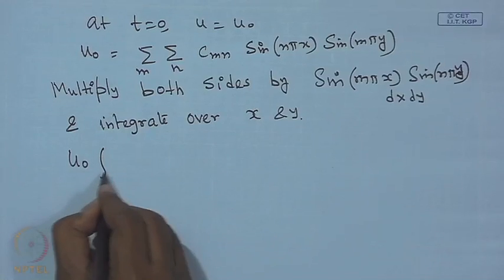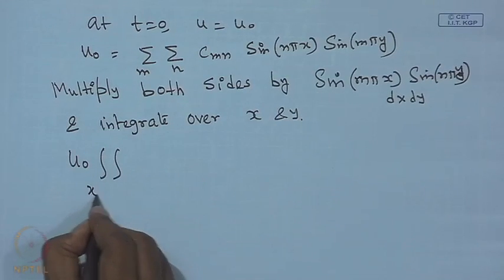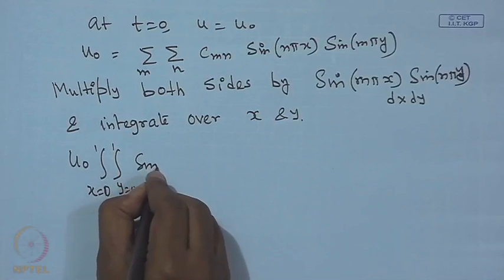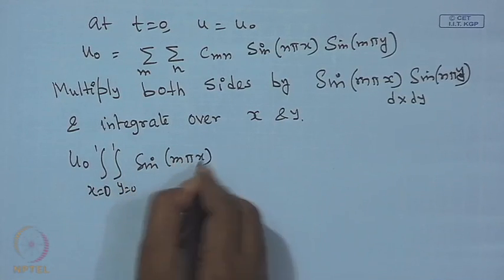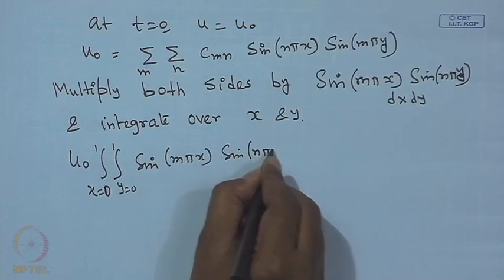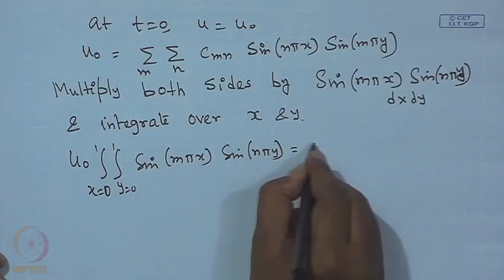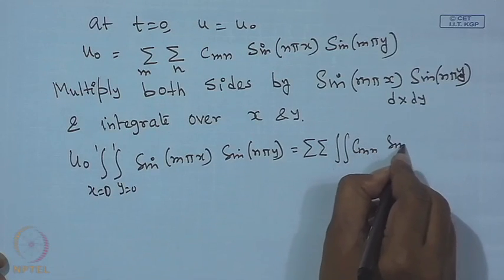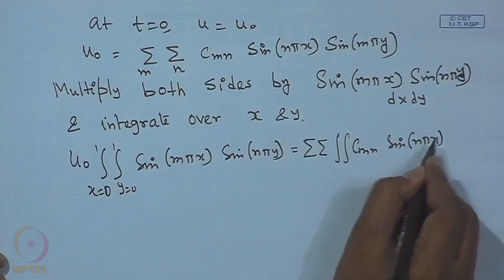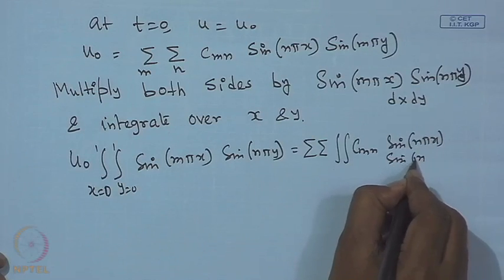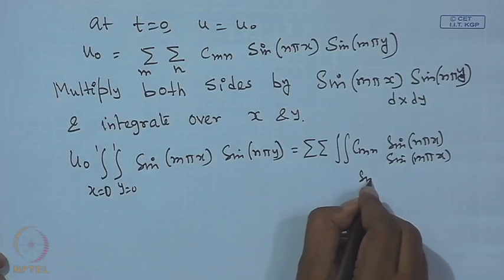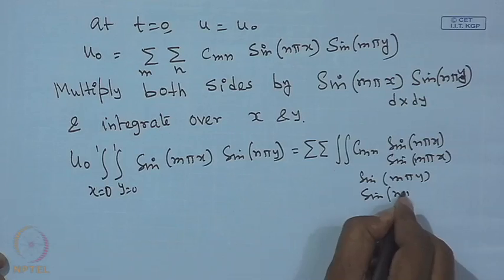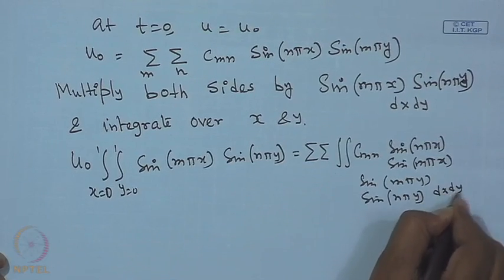So, u naught is taken out, integral x equal to 0 to 1, y equal to 0 to 1, sin m pi x sin n pi y, is equal to the summation, double integral C m n sin n pi x sin m pi x sin m pi y sin n pi y dx dy.